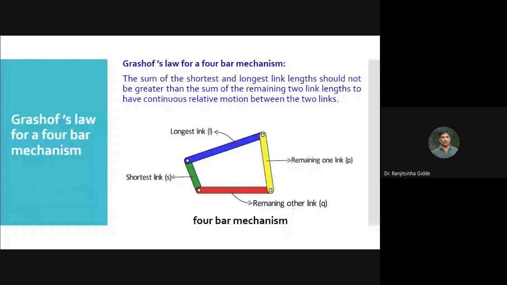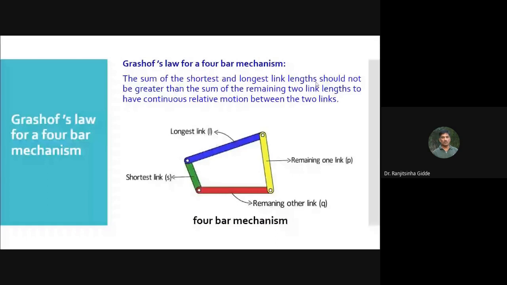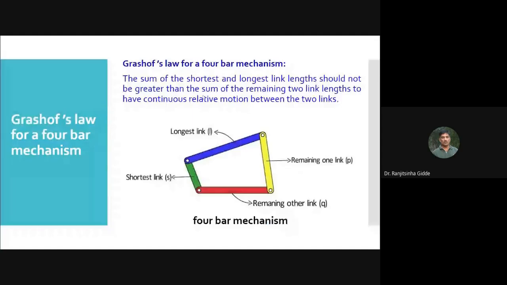So what is Grashoff's law? Grashoff's law indicates that the sum of the shortest and longest link lengths should not be greater than the sum of the remaining two link lengths to have continuous relative motion between the two links.